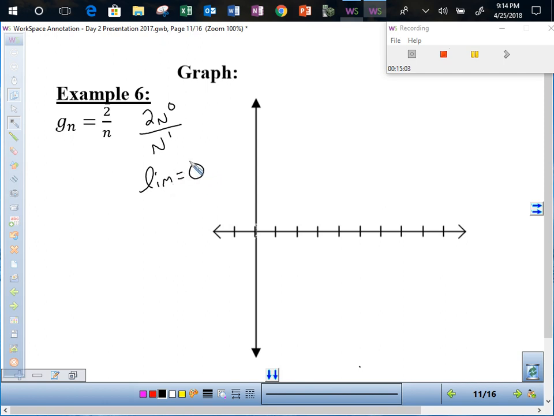To show you graphically, when I pick on my first term, when I plug in a 1, I'm going to get a value of 2. When I plug in 2, 2 divided by 2 is 1. When I plug in 3, I'm going to get 2/3.